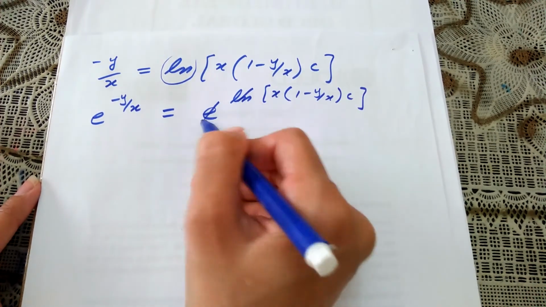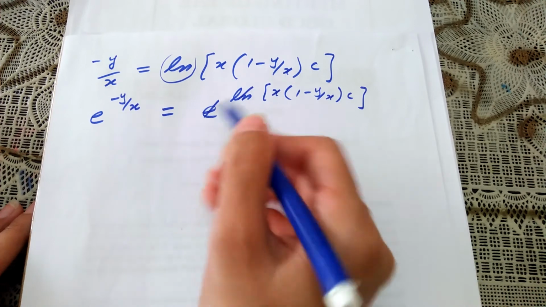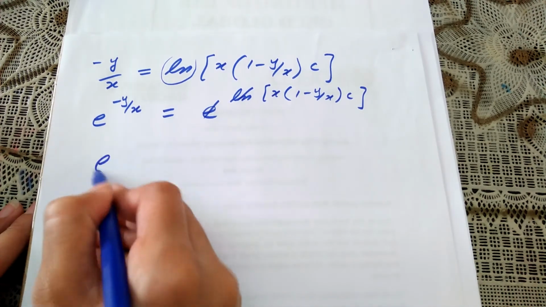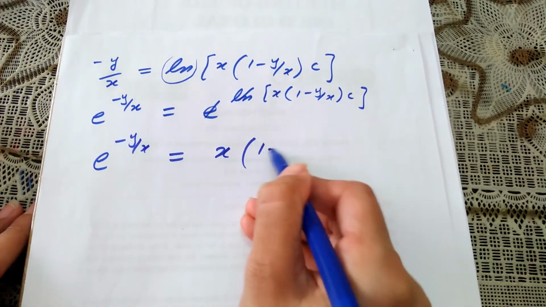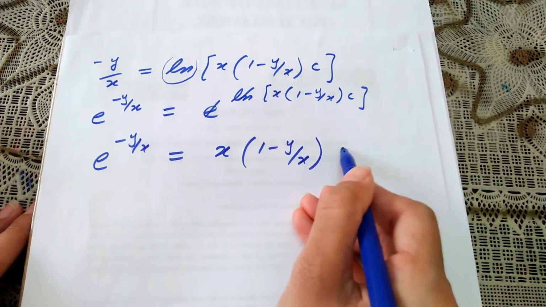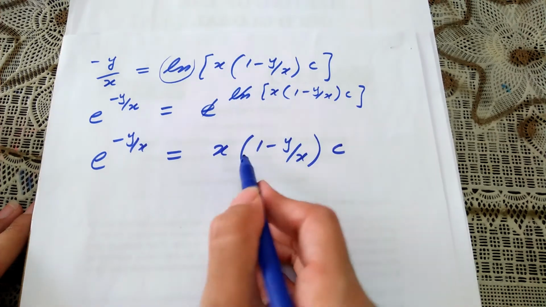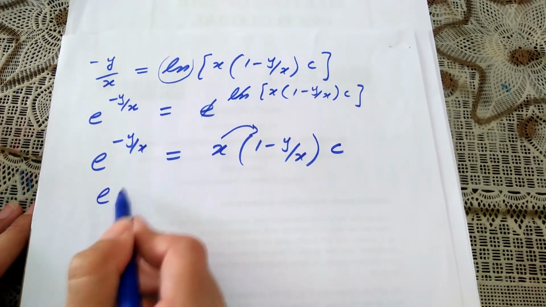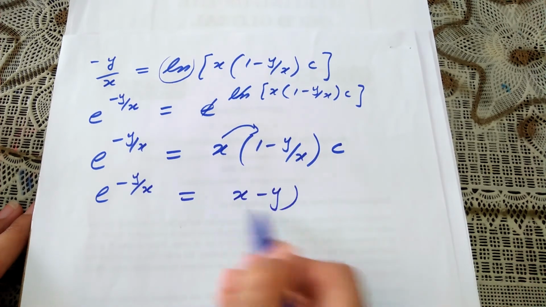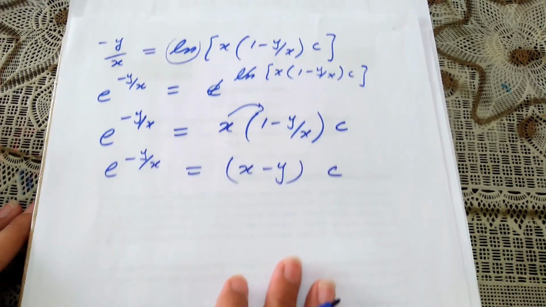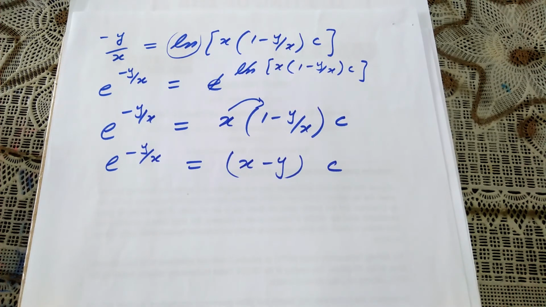Now this ln and e are inverses of themselves, so they can be cancelled out. So I will get e raised to power minus y over x equals x times 1 minus y over x times c. Now just multiply it inside. I will get e raised to power minus y over x equals x minus y times c. So this is the solution for this homogeneous differential equation.